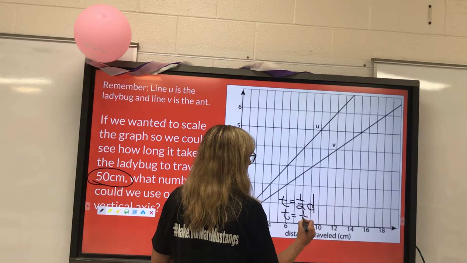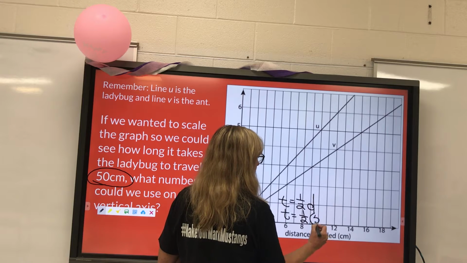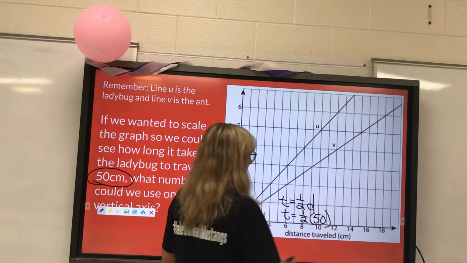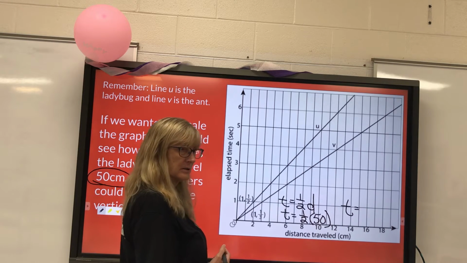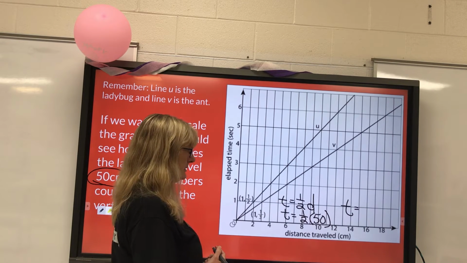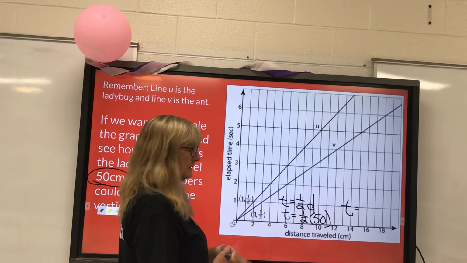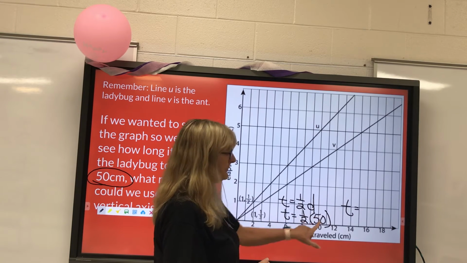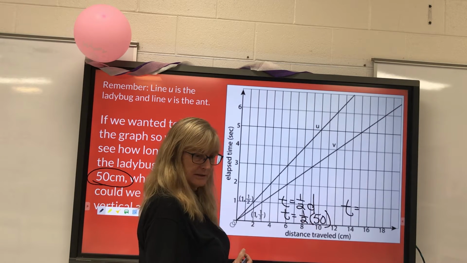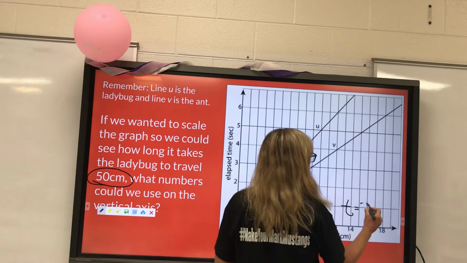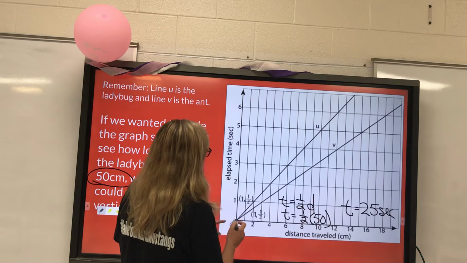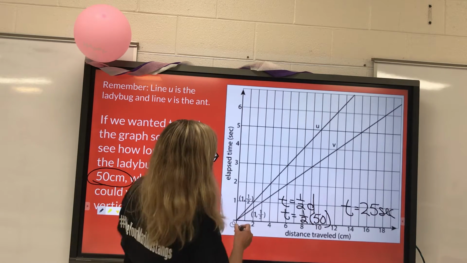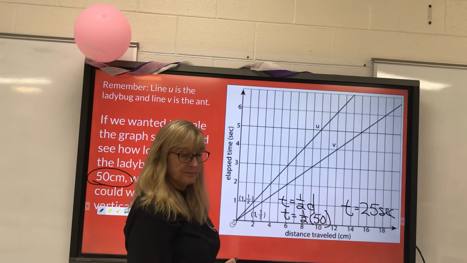T equals 1/2 times 50. So how long is it going to take her to go 50 centimeters? What's half of 50? 25. It's going to take her 25 seconds. So we would have to extend this line all the way up to 25.